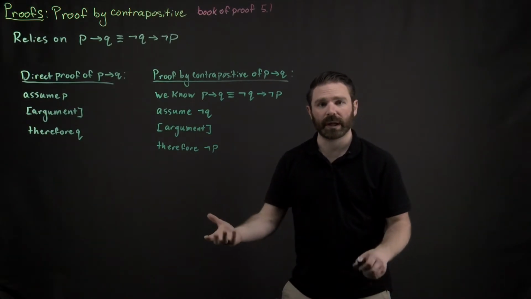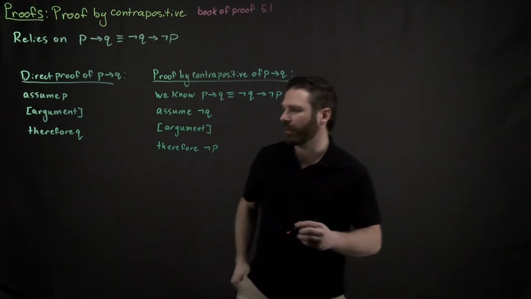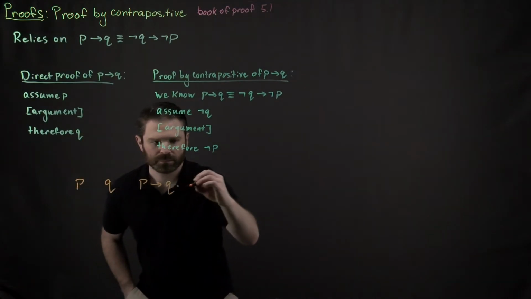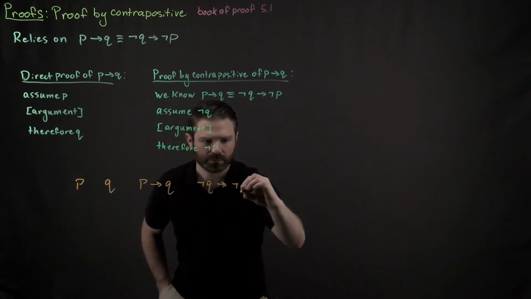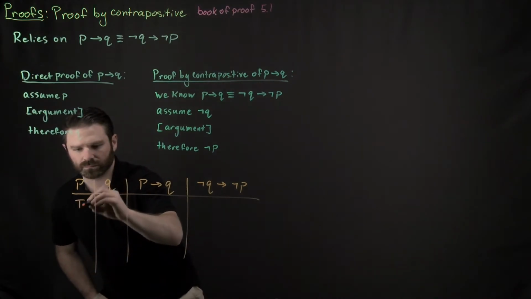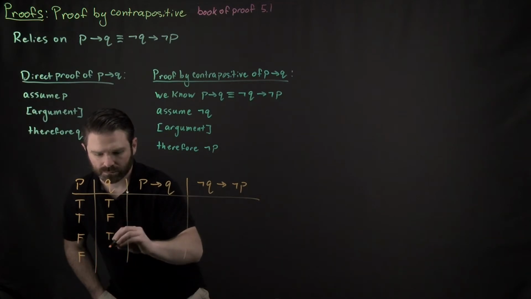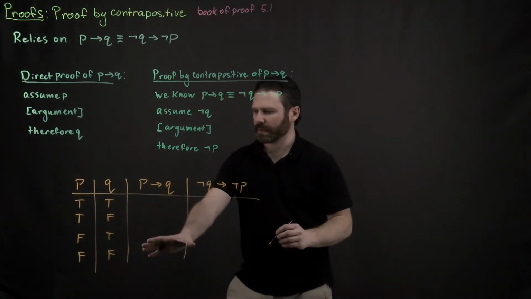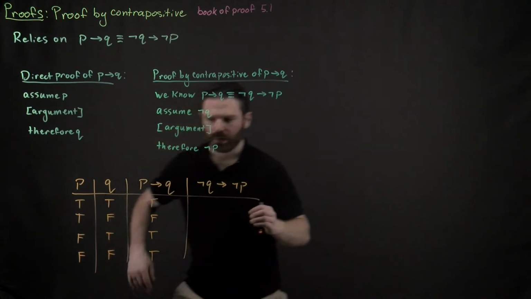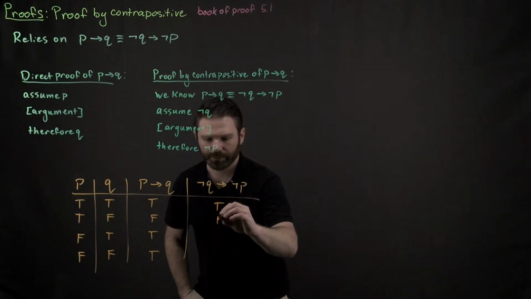Because if we look at a truth table for both P implies Q and not Q implies not P, we have the following. Filling out this truth table right here, we know that the original statement and its contrapositive are logically equivalent, so they have the same truth table.